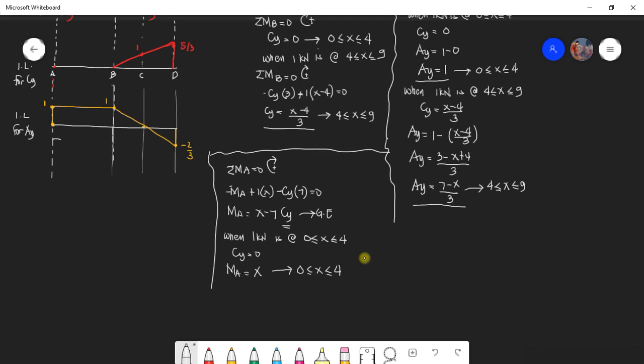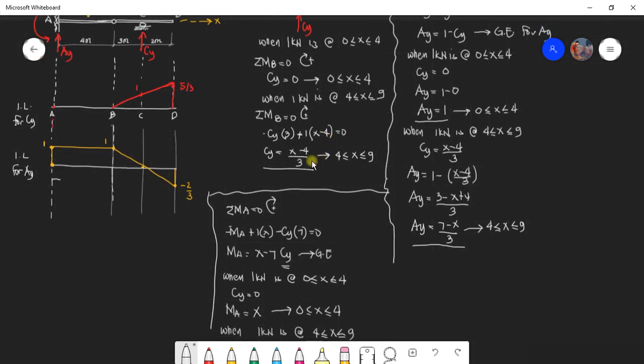Next. So, when the 1 kilonewton is at greater than or equal to 4, but less than or equal to 9, ang MA is X minus 7 times the value ng CY.